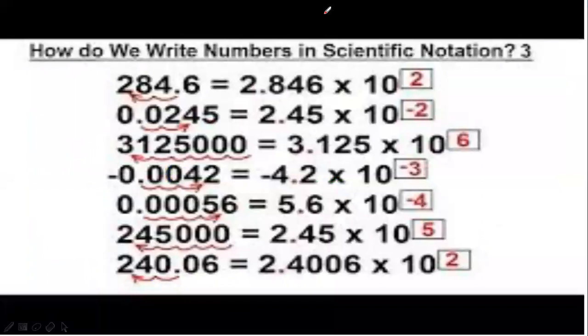Some examples are given. How do we write the number in scientific notation? If you look at the first example, it is written 284.6 is equal to 2.846 cross 10 raised to power 2.